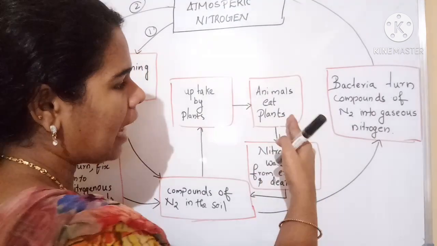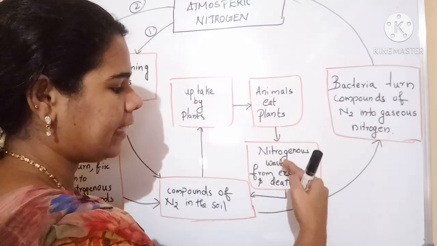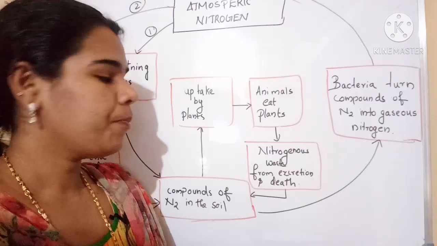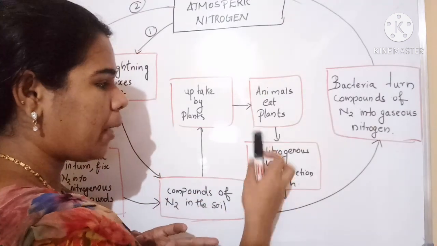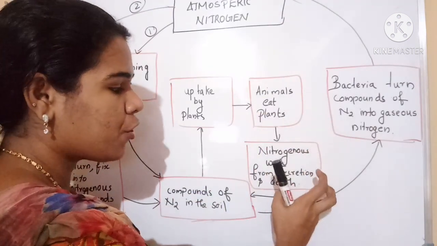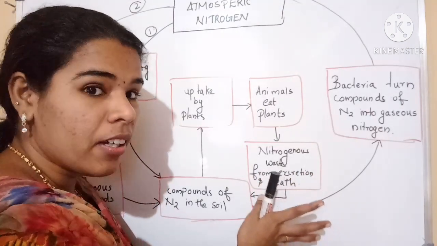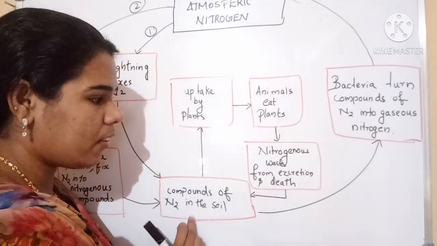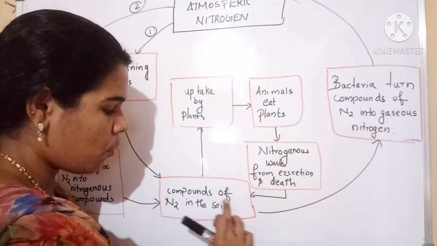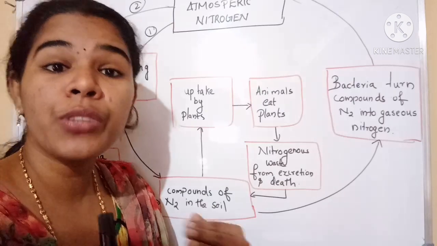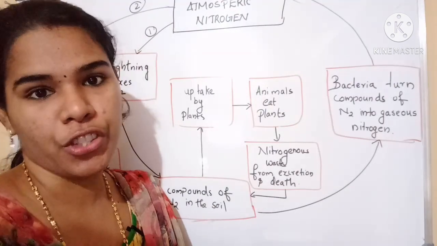When the animal or plant dies, or through their excretion, waste product, and their death, again these nitrogen compounds are released into the soil. Again the compounds of nitrogen are in the soil through their death and excretion.